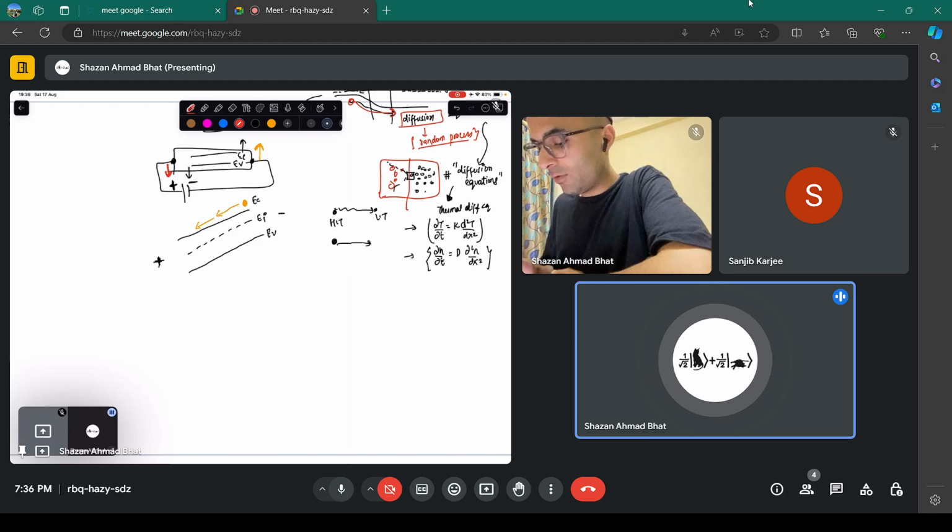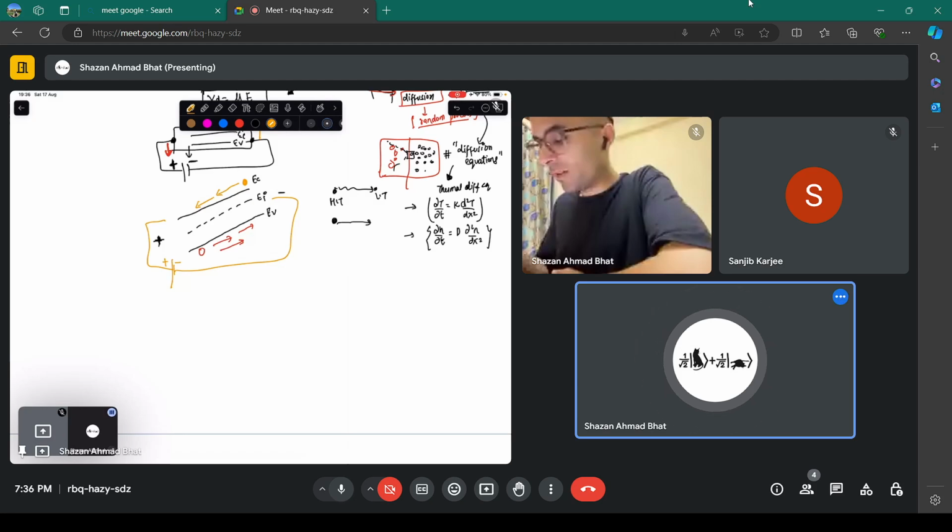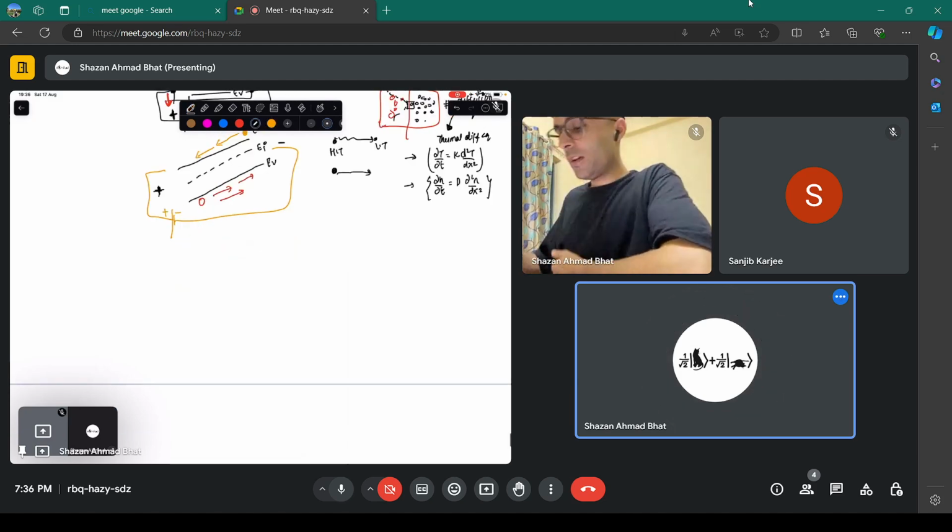It's a similar thing that holes will go above the hill, because for the holes, above the hill is lower energy. So it's opposite. And once they go into the battery, they recombine and give rise to the flow of current, the flow of charges. So the overall current flows in the sample.